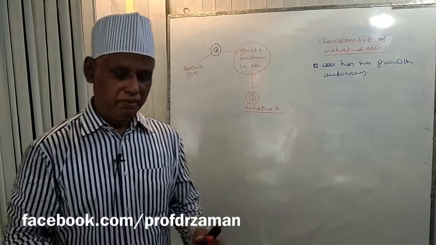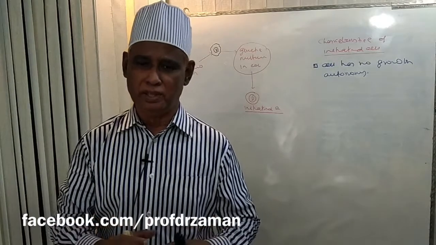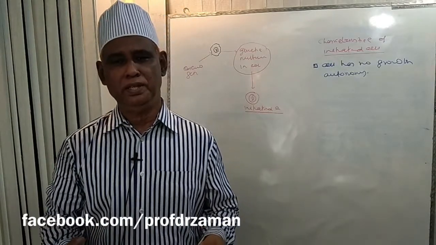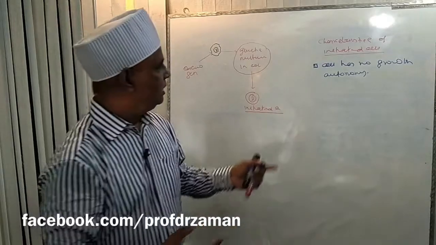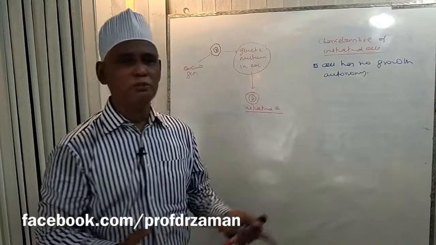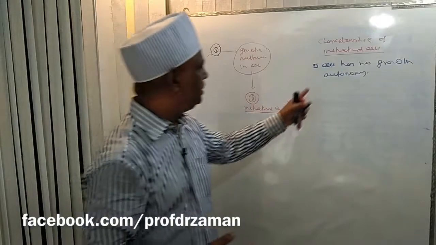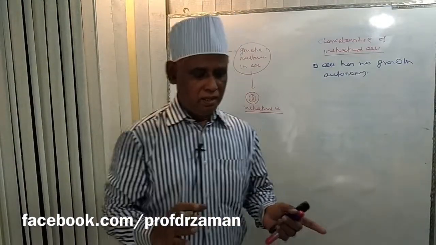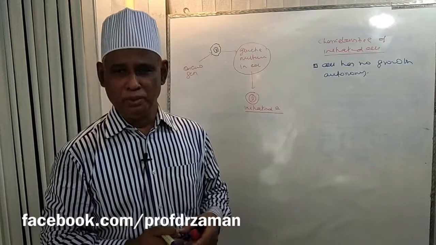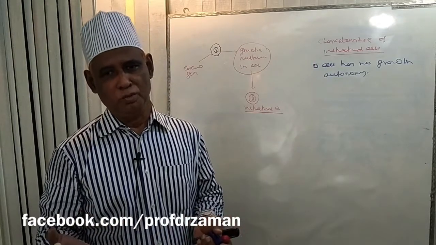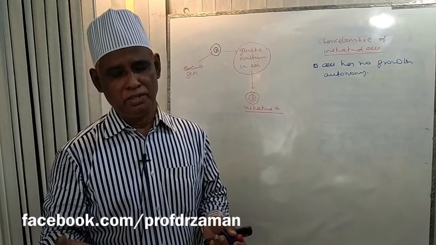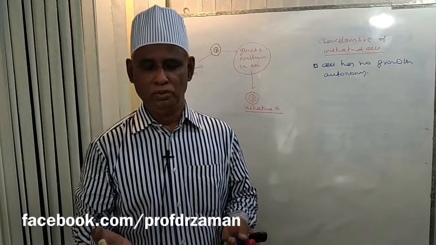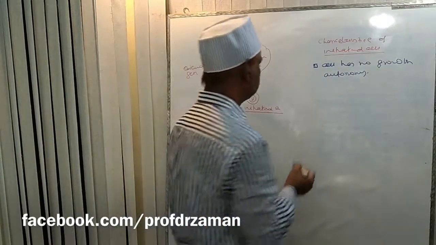Dear audience, there is genetic mutation within the cell and this cell is known as initiated cell. In the first step, there is formation of initiated cell. The initiated cell has no growth autonomy. That is, the cell is not capable alone to grow a tumor.